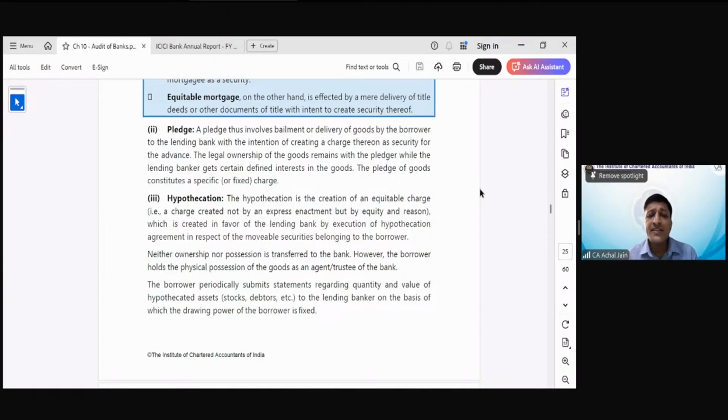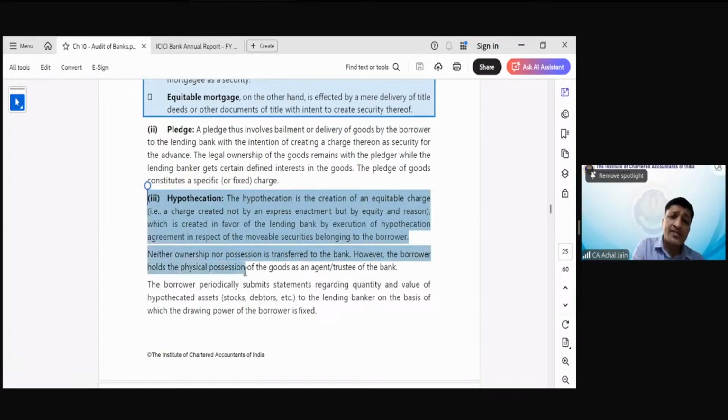Borrower periodically submits statements regarding quantity and value of assets to the bank. So this is what you call hypothecation. If you read this, it appears to be three paras, and you may be thinking there are three paras for this.